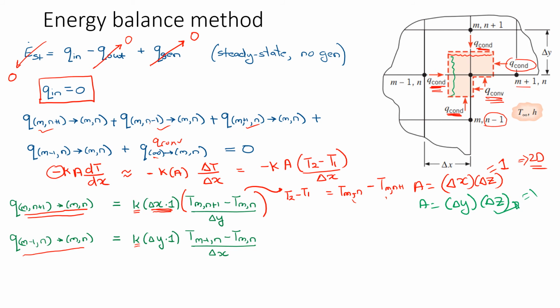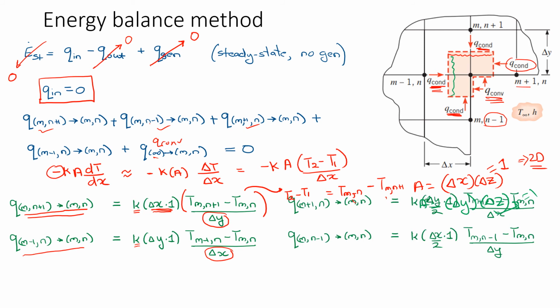So your area is delta Y times 1, into the two temperatures, T of m minus 1 comma n minus T at m comma n, divided by delta X. Notice one more thing: because heat was being transferred in the y direction, we had a delta y here, and because it's being transferred in the x direction, we have a delta x in the denominator right here.